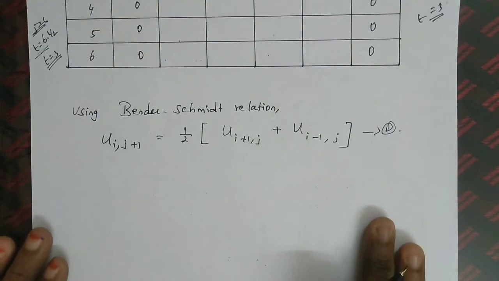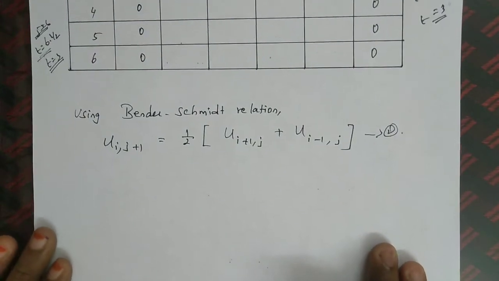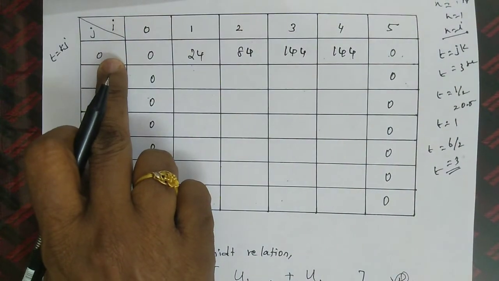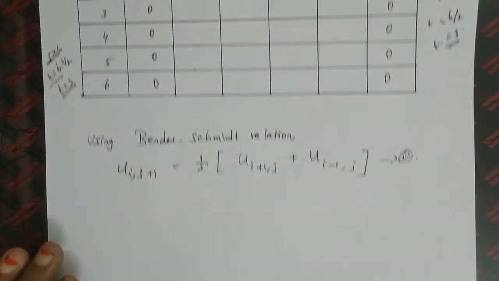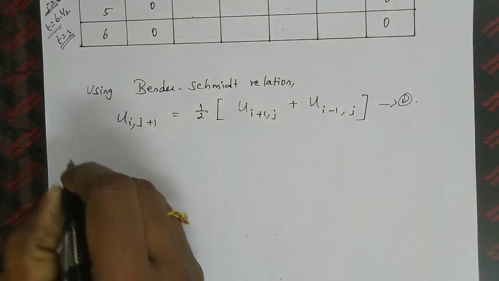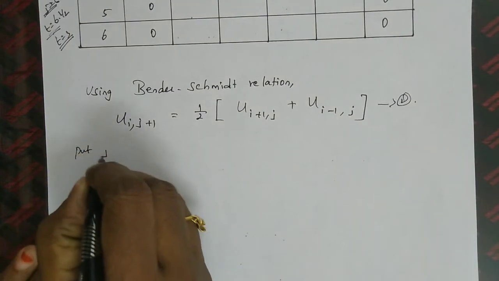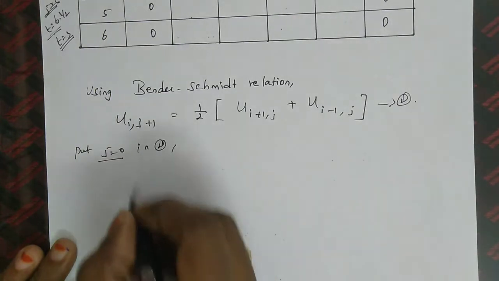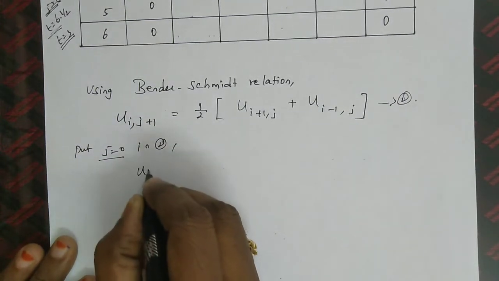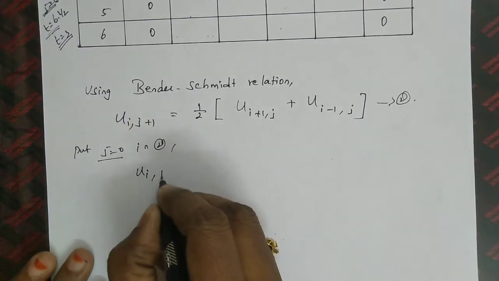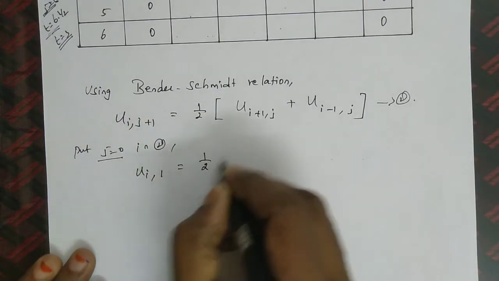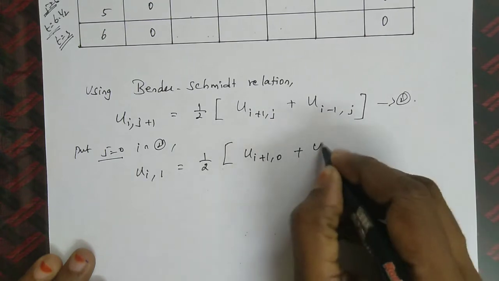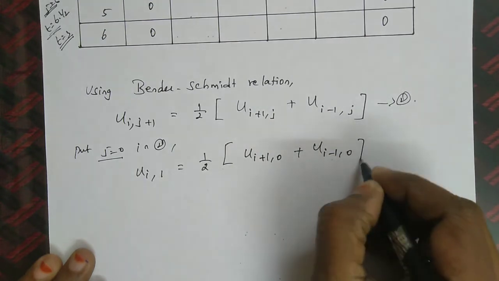Our aim is to fill the values of the table. So first, how are we going to fill the values? First you give the value of j. What is the j value here? j equal to 0. So when you substitute j equal to 0 in equation 2, what will happen? This equation becomes u of i comma 0 plus 1, that is 1, equal to 1 by 2 times u of i plus 1 comma 0 plus u of i minus 1 comma 0.